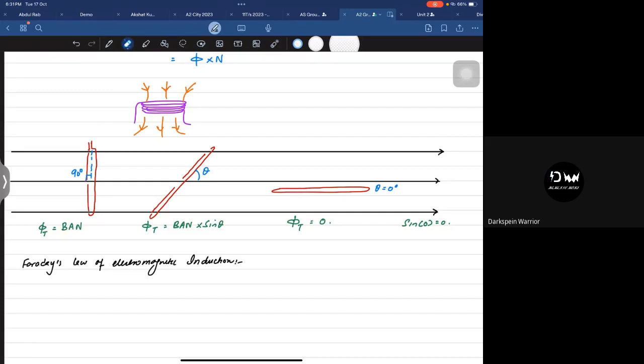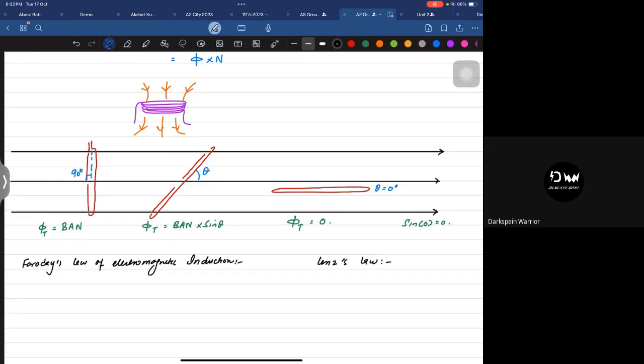Okay. Now, if you basically look at the two laws, first we're going to learn about Faraday's law, and the other law is called Lenz's law. So let's look at both of these one by one. They're highly important.